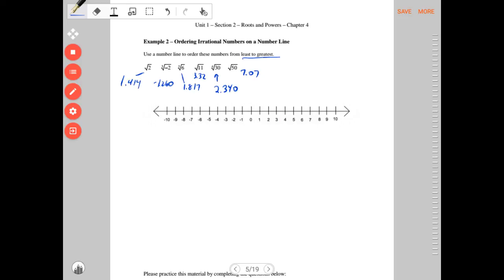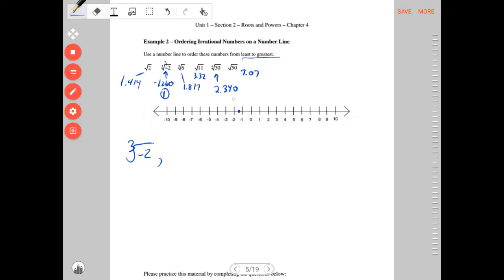So if we have a look at these, the order of these, okay, so the -1.260, that's going to be first. So that's the cube root of negative 2. Now, the trick is when you put these on the number line, you don't put the decimals, you put the actual numbers. So negative 1.2, that's about there.